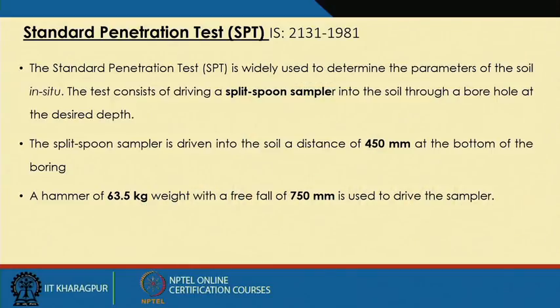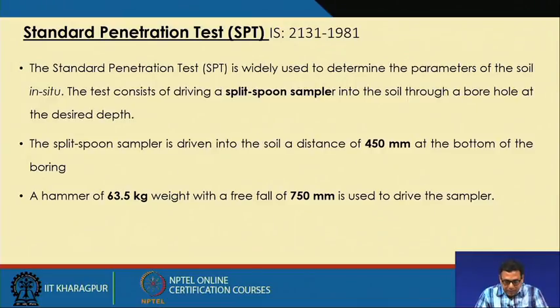So, what is the standard penetration test? As I mentioned, it is the indirect method. The standard penetration test is widely used to determine the parameters of the in situ soil. The test consists of driving a split spoon sampler into the soil through a borehole at the desired depth. The split spoon sampler is driven into the soil for a distance of 450 millimeter at the bottom of the boring.